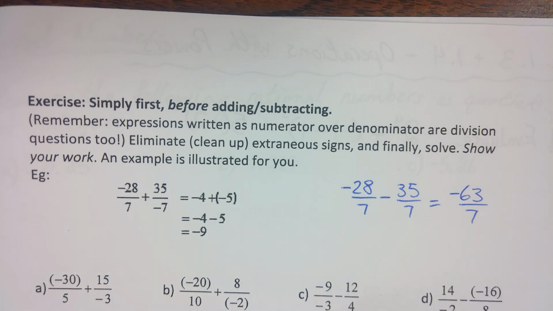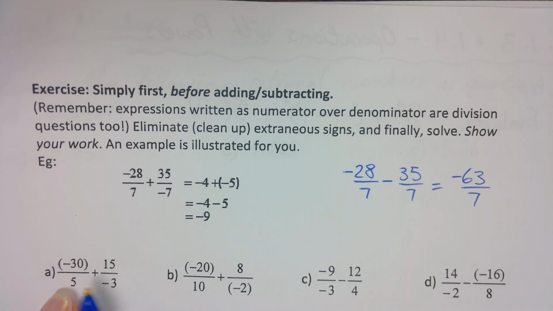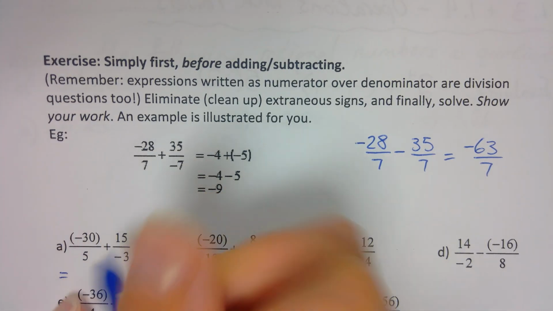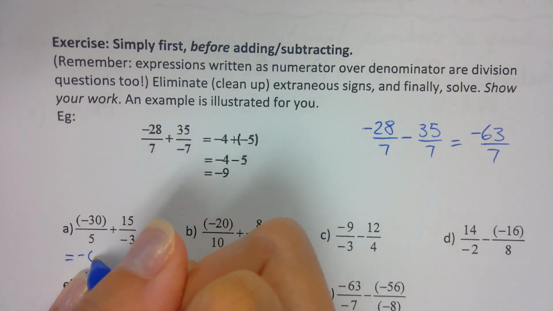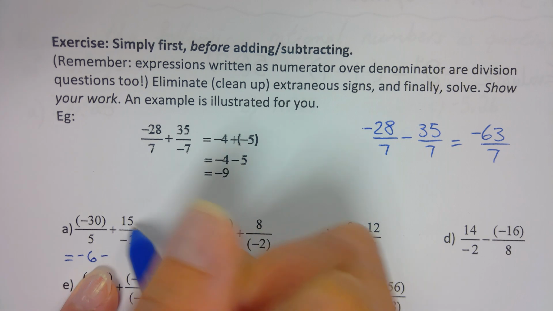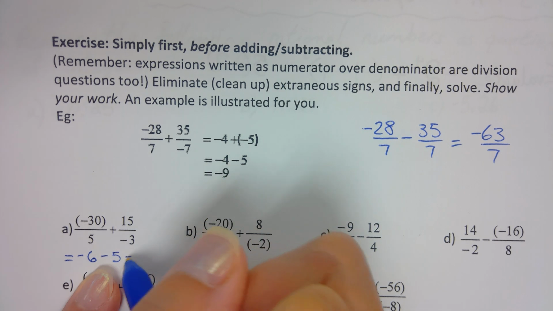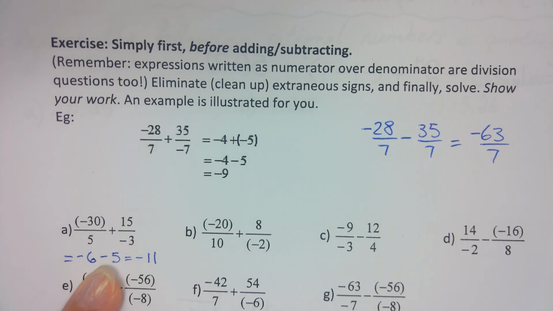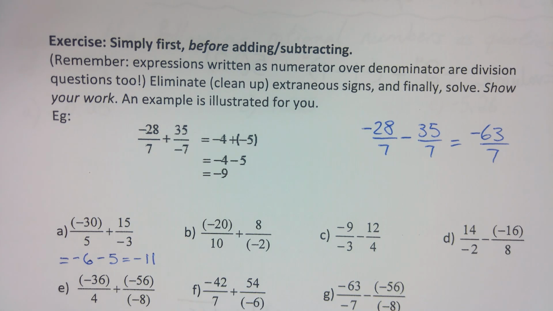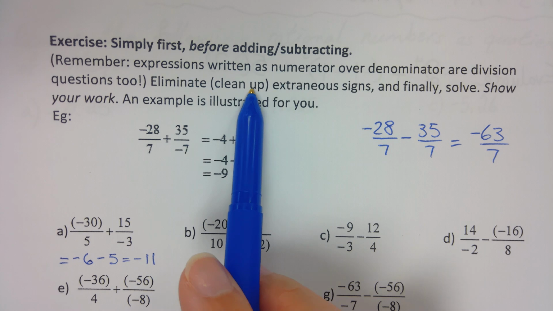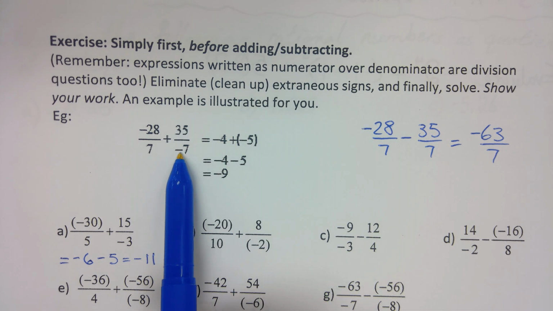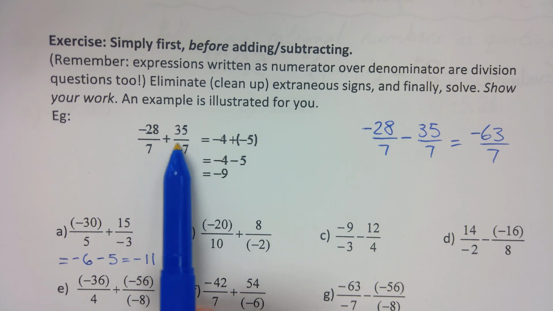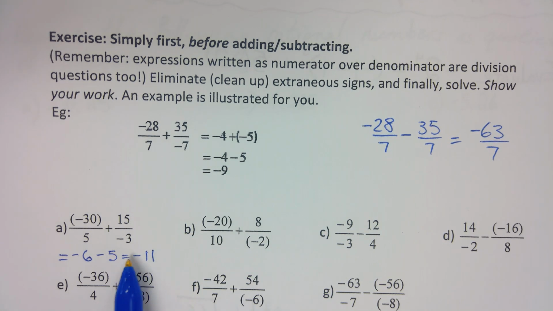These ones right here, same thing. This is simply negative 6 minus 5, which gives you negative 11. Also, clean up the signs. If you see a negative sign on the denominator, you can always combine it with the middle sign and change it to just one sign.